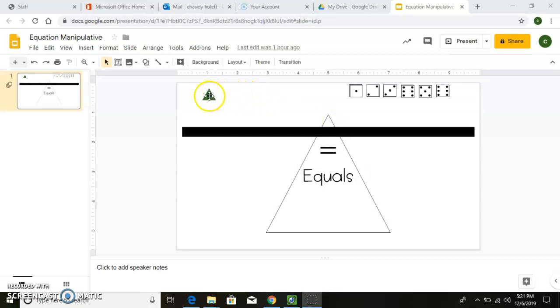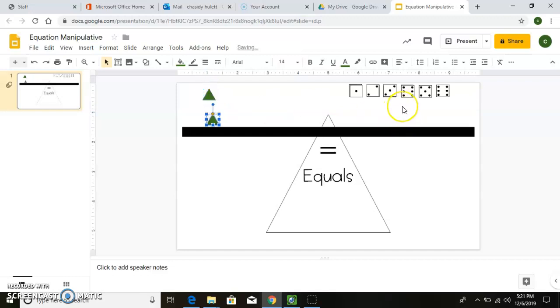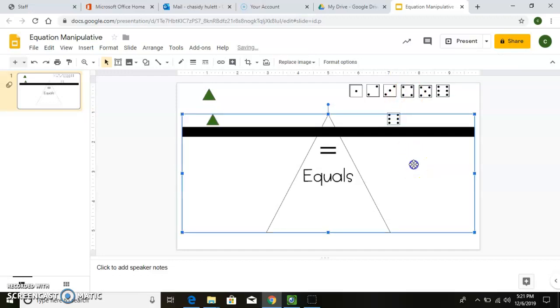You will see that you have a variable sign here, and you have all different dice here. You can use an unlimited amount of variables. So in order to do that, you're going to click on your variable, and you can move it down to the scale. You can click on one of the die and move it down to the scale.